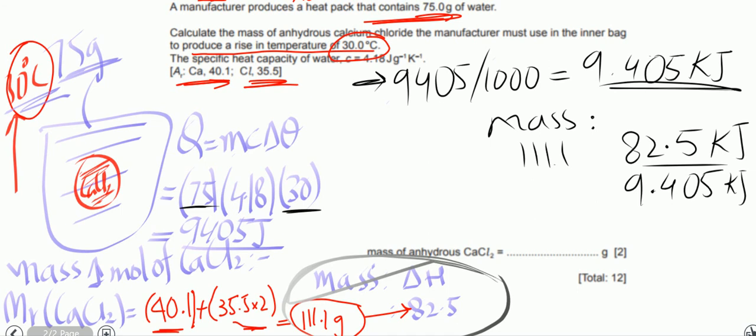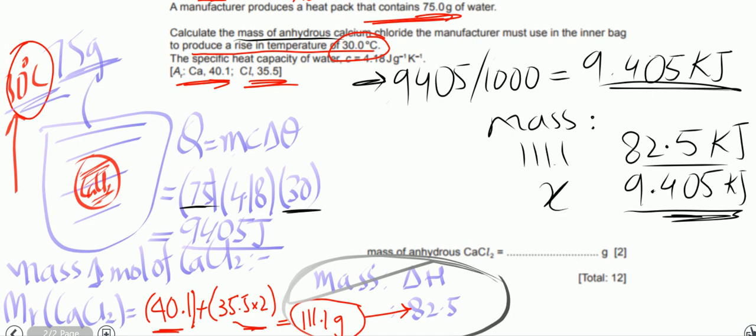But if we use 30 degrees Celsius and 75 grams of water, we get 9.405 kilojoules. And that's what they're asking: for that energy, how much mass will we need? So obviously that will be X.